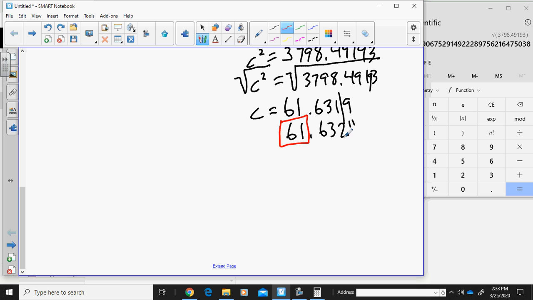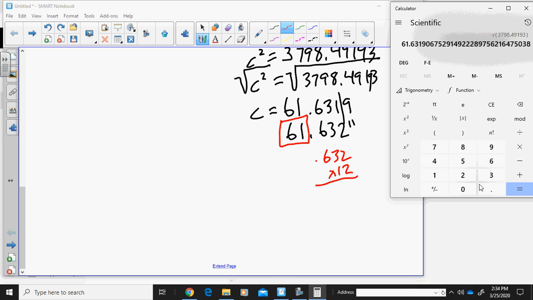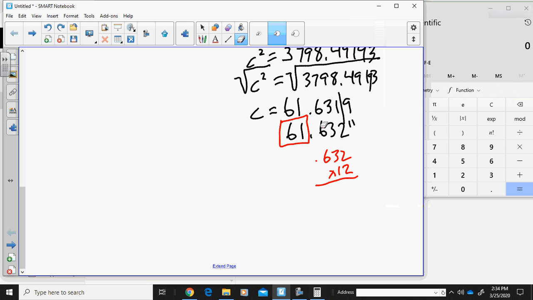But where is this 0.632 going to fall? We're not going to multiply by 12, that's if we had feet. We already have inches, 61 inches.